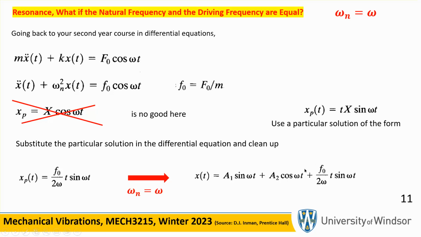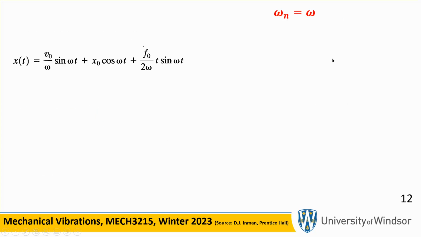Think about it as your, I don't want to call this thing big X anymore, but if you take that and stick it in there, you can get the value of big X, which apparently is F naught over 2 omega.